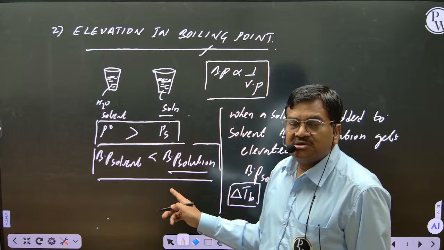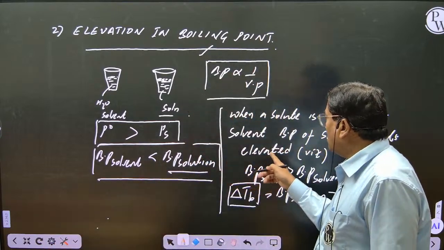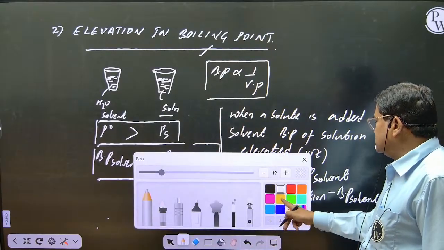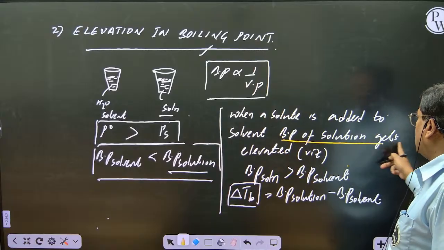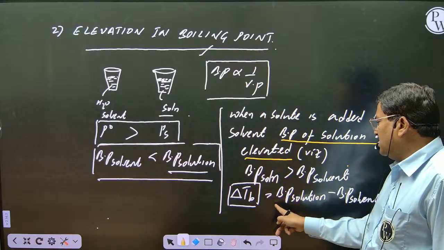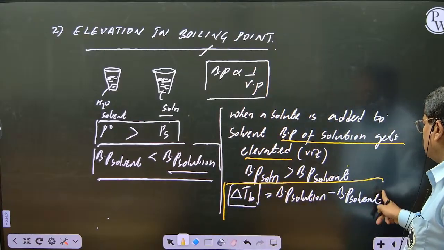Understood, all of you? So make a note: when we add solute to solvent, the boiling point of solution gets elevated. Hence, elevation in boiling point is given by delta Tb is equal to boiling point of solution minus boiling point of solvent. This you keep in a box.